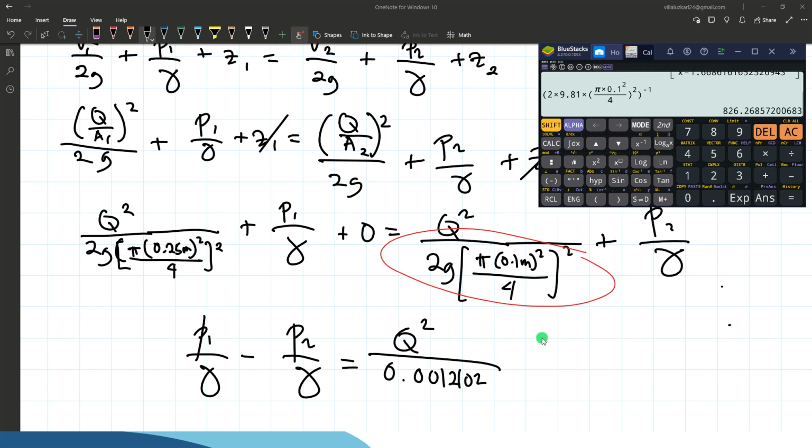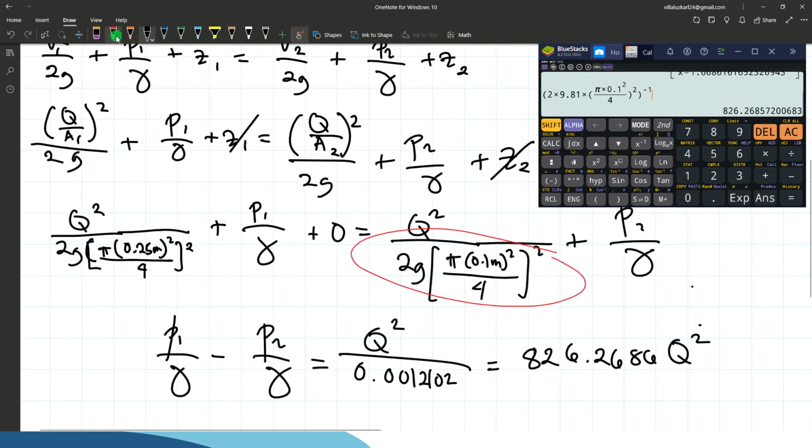So this is equivalent to 828.2686 Q squared, subtracted by this value right here.